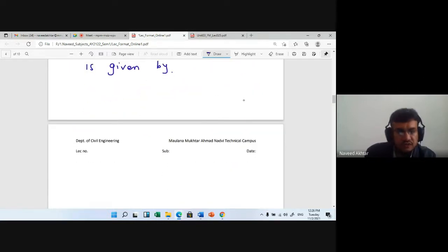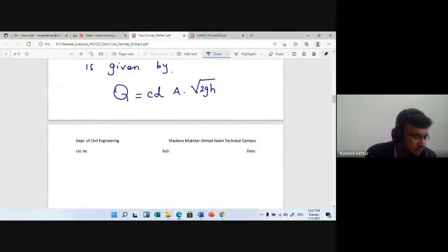If there is an issue, then you can interrupt me. The discharge equation of an orifice is given by the coefficient of discharge CD A into under root of 2GH. So this is the discharge.